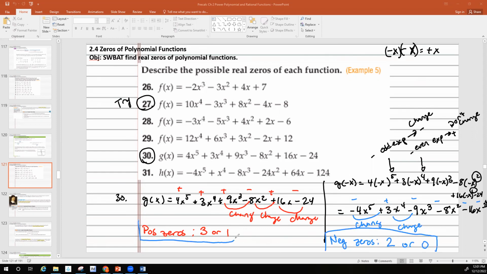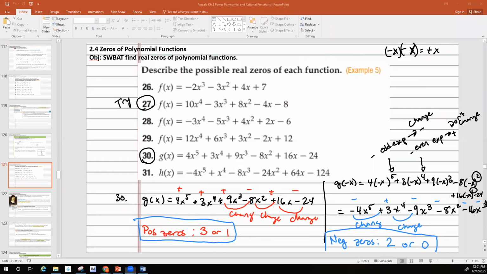And that's it. All right. So try 27. Find the number of positive zeros and the number of negative zeros.